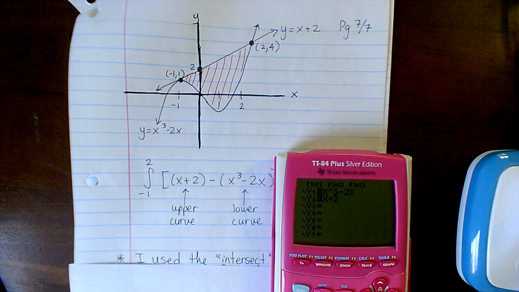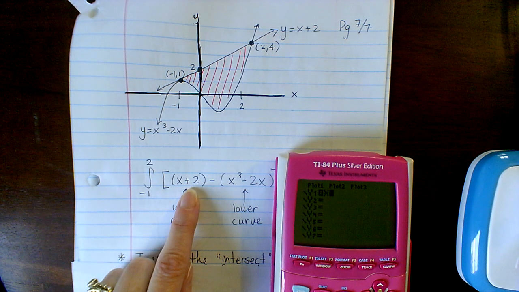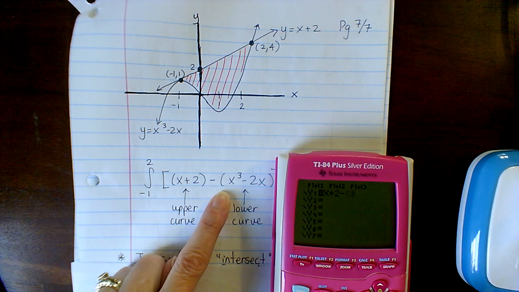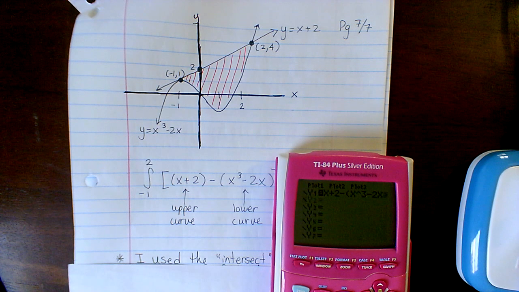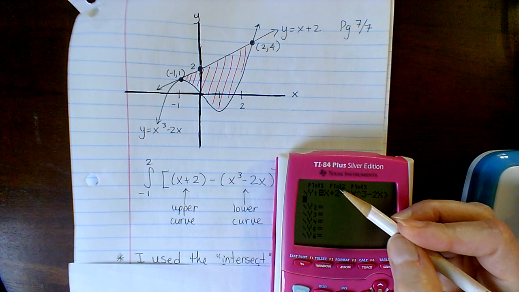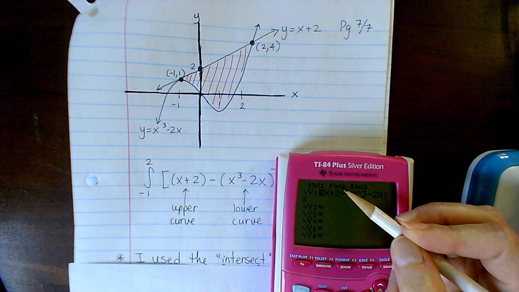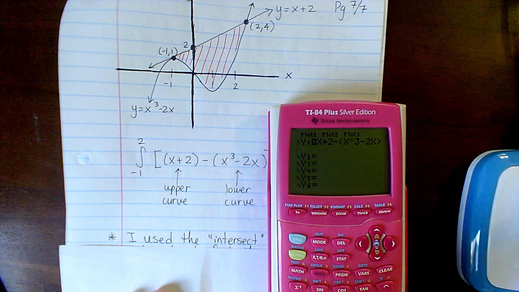I'm going to clear those out. I'm going to put in this integrand. So that's the x plus 2 minus that quantity x cubed minus 2x. Let me check it real quick, make sure I typed it in right. You don't have to put parentheses around this in your calculator. The parentheses really only make a difference after this minus right here.